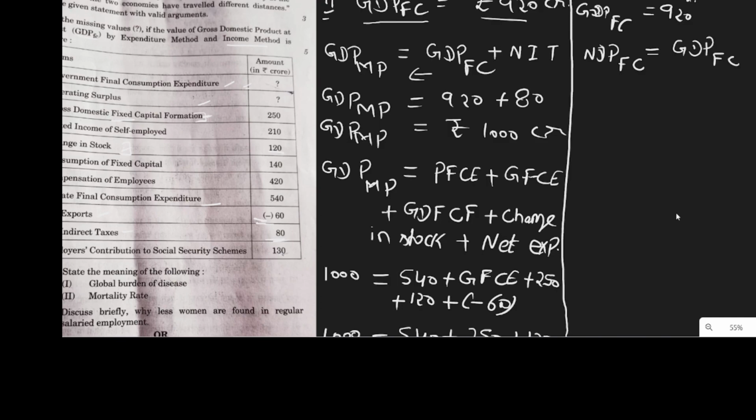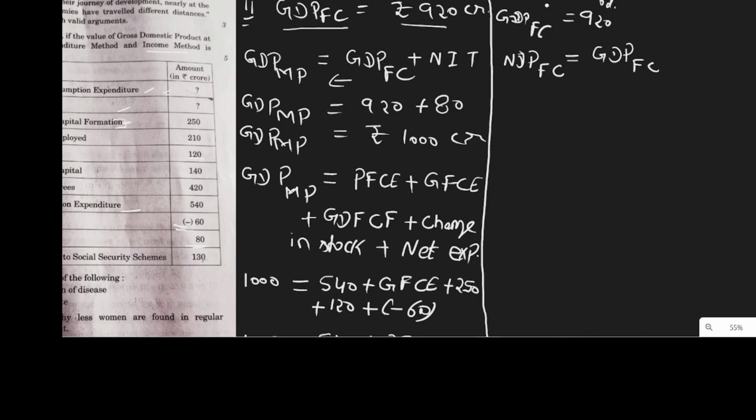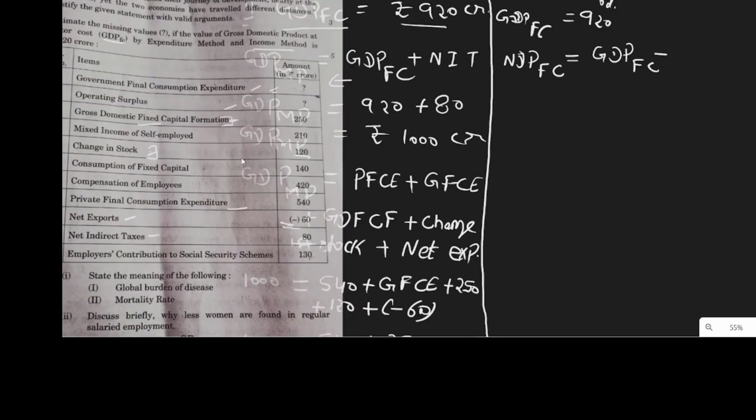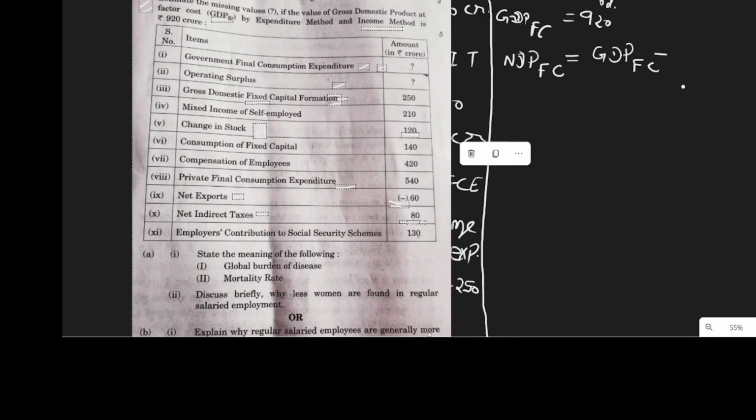Gross to net, minus depreciation. Are we given depreciation? We are given this consumption of fixed capital. That is 140. So I will rather write it simply number 6. This is depreciation. Then domestic, no change.